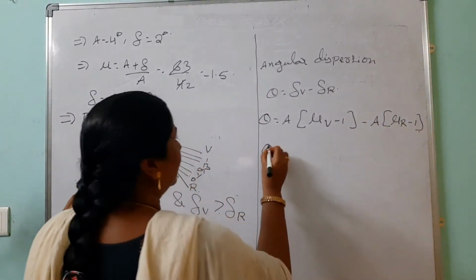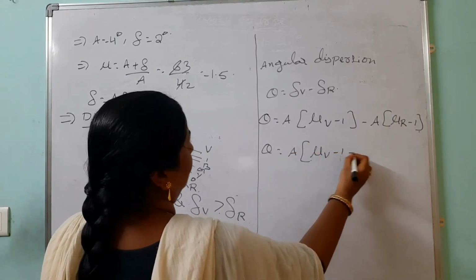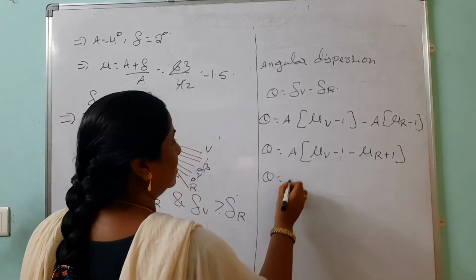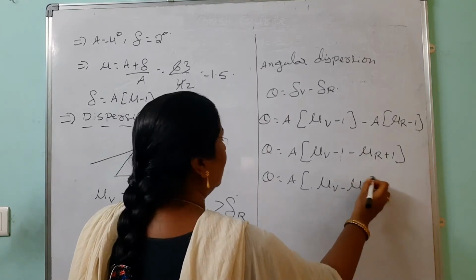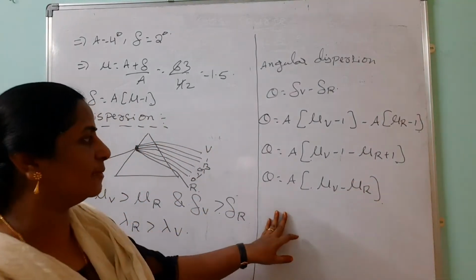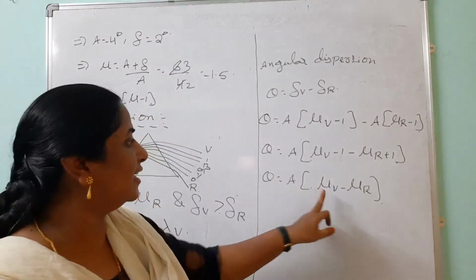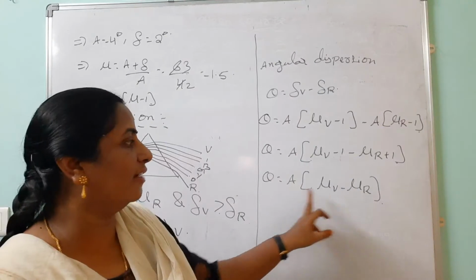After simplification, a is common, mu V minus 1 minus mu R plus 1. So theta equals a into mu V minus mu R. We got two formulas for the same angular dispersion. This is in terms of angle of deviation and this is in terms of refractive index of the different colors and the angle of prism.